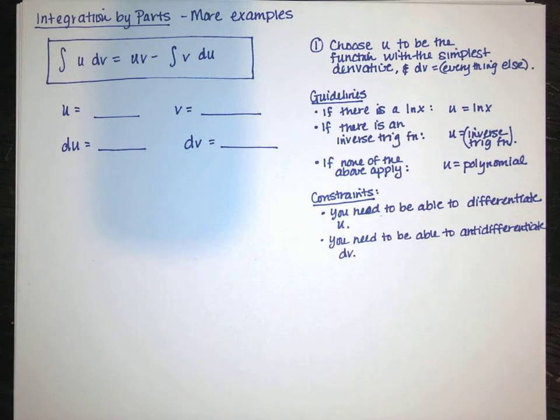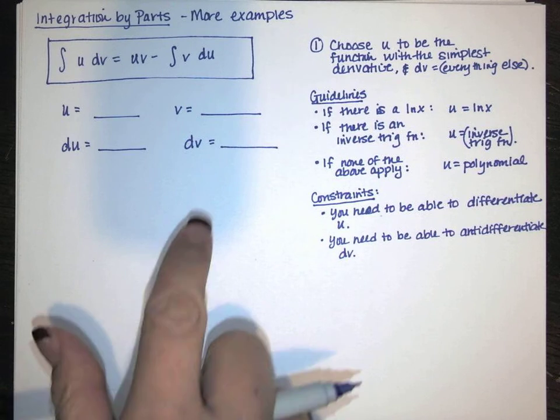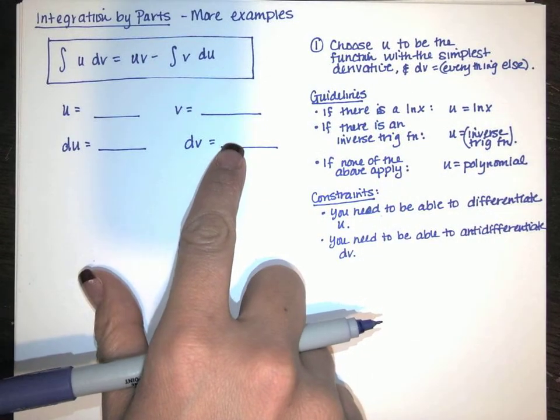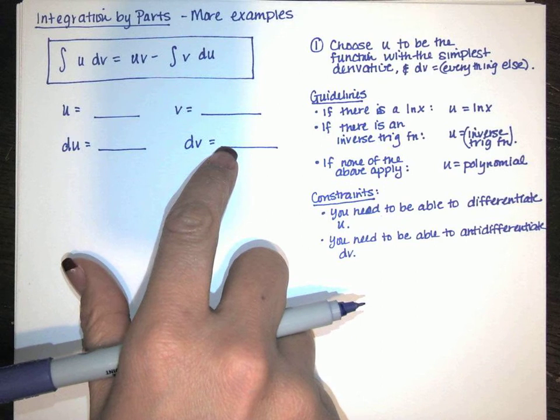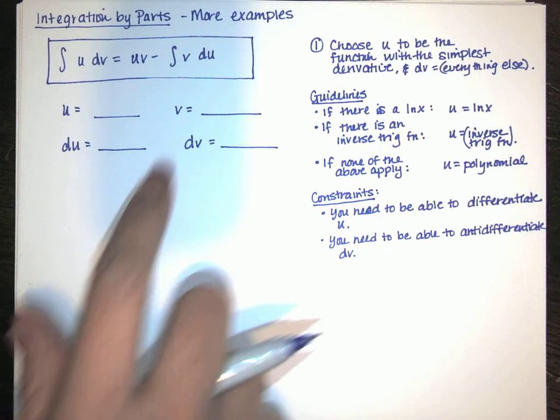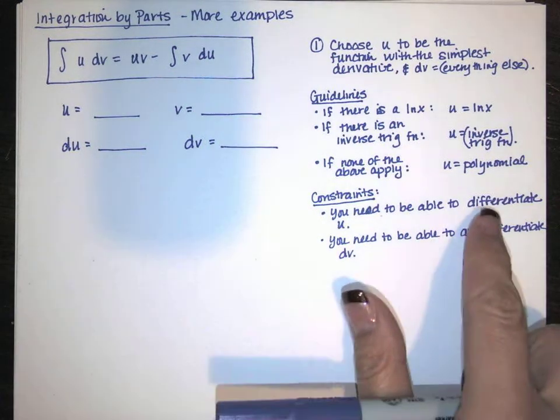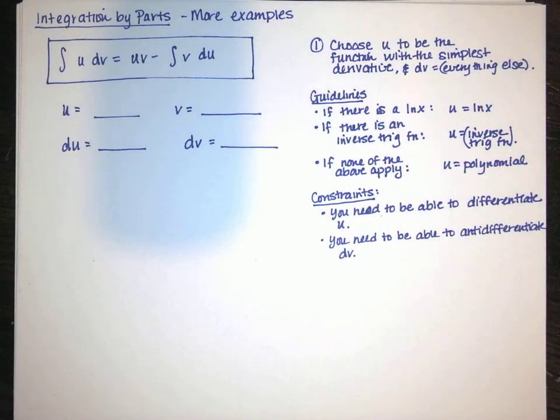I don't have that memorized. We know derivatives of inverse trig functions. We talked about those in Calc 1, but we don't know antiderivatives. At least I don't have them memorized off the top of my head. So I'm not going to put arctan of x dx here, because it would require integration by parts to even find v. So you need to be able to differentiate u, and you need to be able to anti-differentiate dv using usually nothing more complicated than a u substitution and your basic rules.